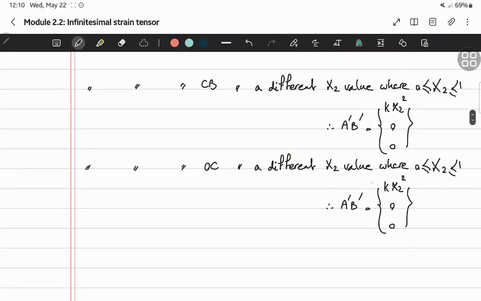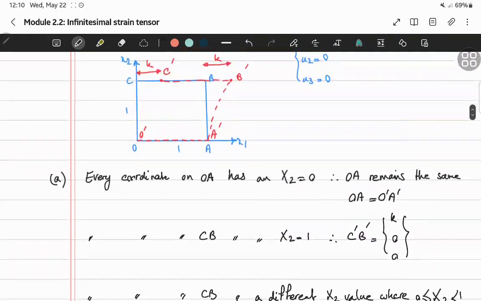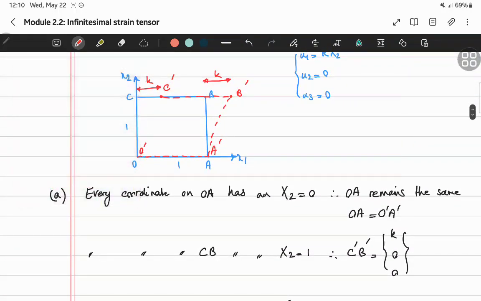Therefore, O prime, C prime again becomes kx2 squared, 0 and 0. So this is changing as kx2 squared. So now we have our deformed shape.